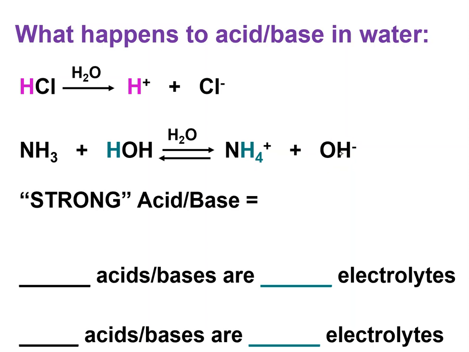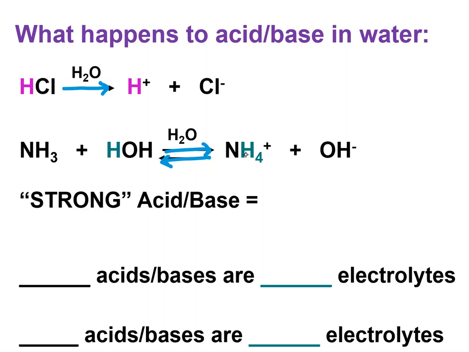Of course this is what's left of the water. Now one thing you might notice is that this top one, the acid, the arrow goes just one way, whereas here the arrow goes both ways. If the arrow goes both ways, it means the reaction is reversible. When these become the ion form, sometimes the two ions get together and go back to the molecular form, and then they may go back to being the ion form.